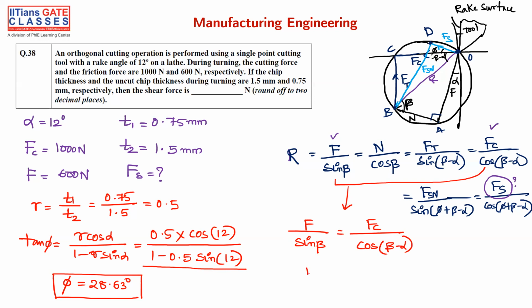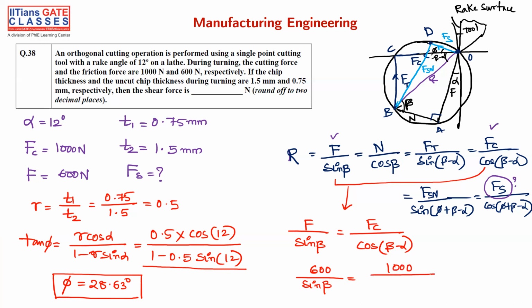So what is F? F is 600, right? And what is Fc? That is 1000.